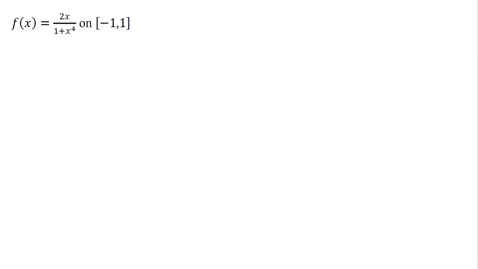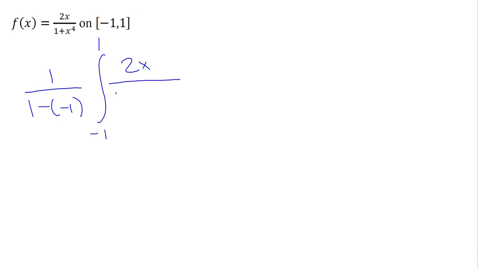All right, for our next one here, we're again going to do a substitution, but first let's write it out. We have 1 over 1 minus negative 1 times the integral from negative 1 to 1 of 2x over 1 plus x to the 4th dx. I'm going to recognize that this looks similar to an inverse tangent integral that we could do, like if it was 1 over 1 plus x squared.